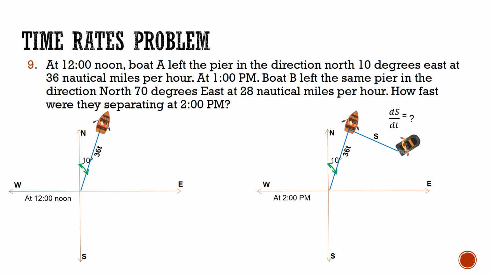It is measured from north, pa-east, 70 degrees. Okay? So ito, 28 yung speed niya. 28 times T minus 1. Bakit T minus 1?